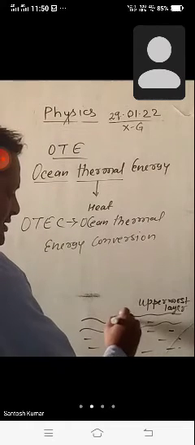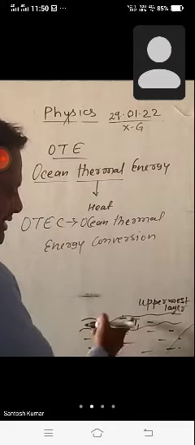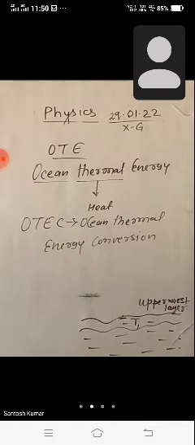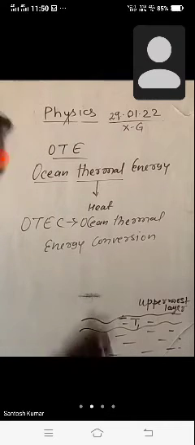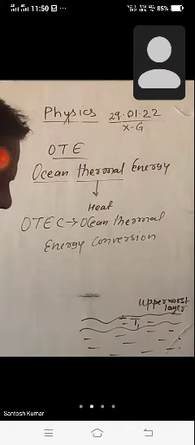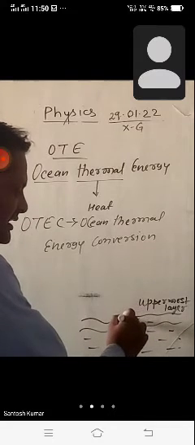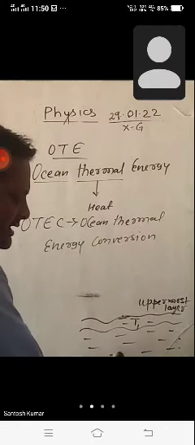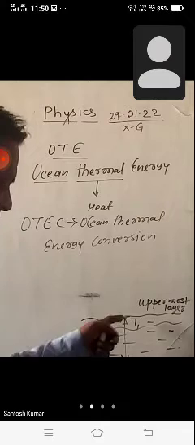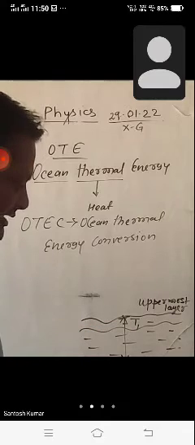What will be the temperature of this place, T1, and here of course the temperature will be different, T2. Can we say that these temperatures are equal or unequal? Suppose we are considering the uppermost layer and one of the deeper layers, where the temperature at this place is T1 and here is T2.